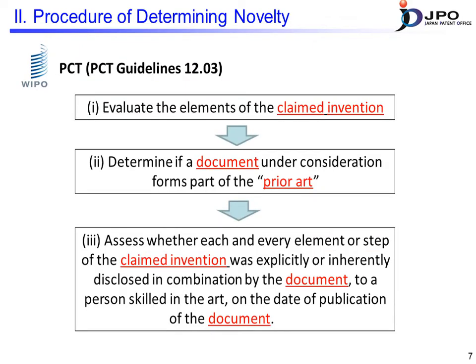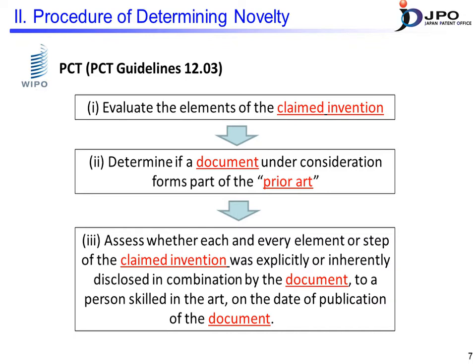I will now explain the method of evaluating novelty. PCT Guideline 12.03 states that examiners should assess the novelty of an invention after going through steps 1 through 3, as shown in this slide. First, evaluate the elements of the claimed invention. Next, determine if a document under consideration forms part of the prior art.